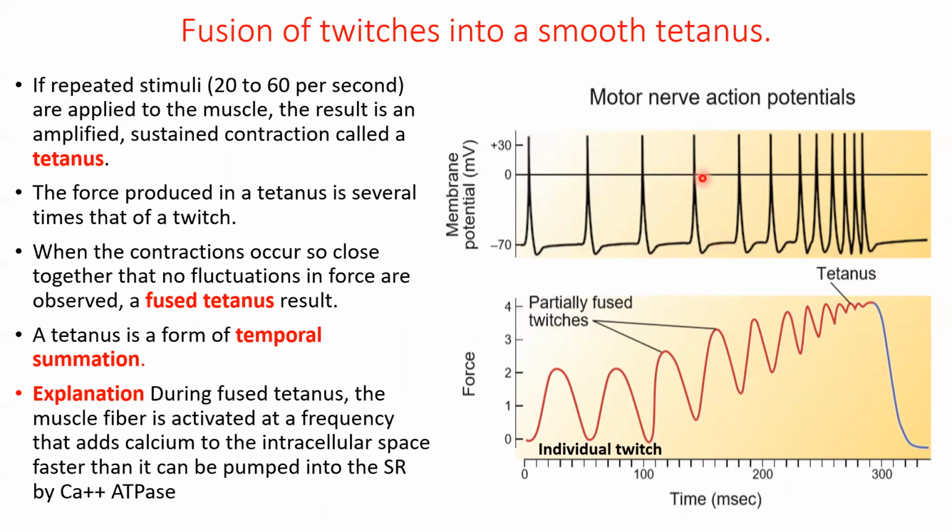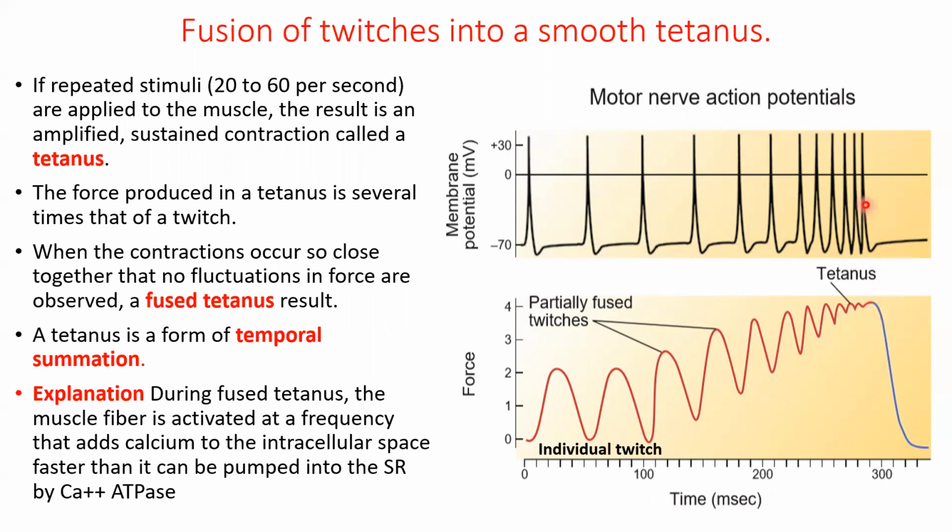I can do that to the point where there's my action potentials, and notice the delay between each action potential is getting increasingly shorter. So this amount, a little bit shorter, even less, and so on and so forth. So when I do that, I get summation. First, I get individual twitches. Then I get summation, and then it becomes flat here on the top.